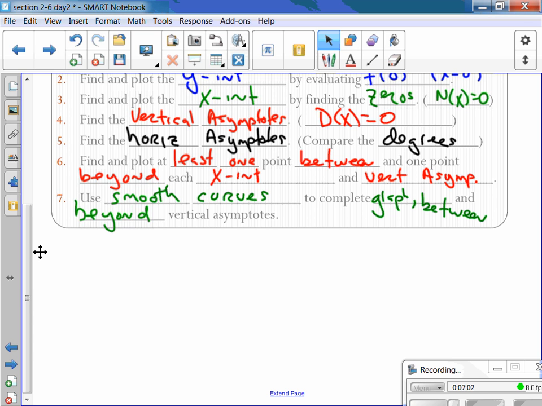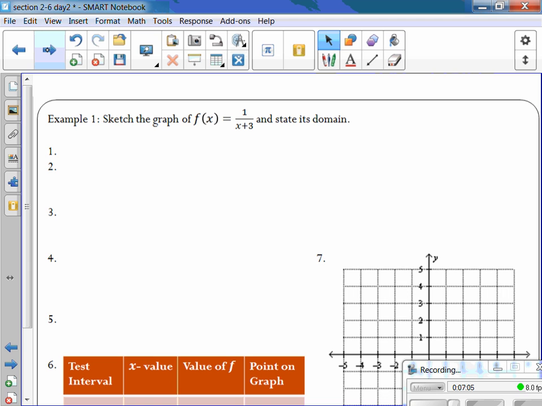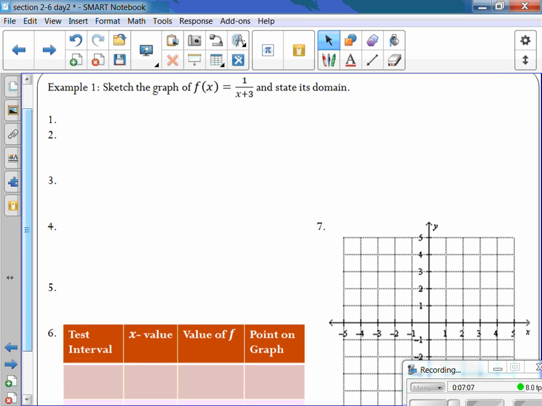So, everyone sketch the graph of f of x equals 1 over x plus 3. Tough stuff first. Tommy, is it simplified? No common factors or anything like that, just 1 over x plus 3. So what is its domain? How do I find the domain? What numbers am I going to throw out?